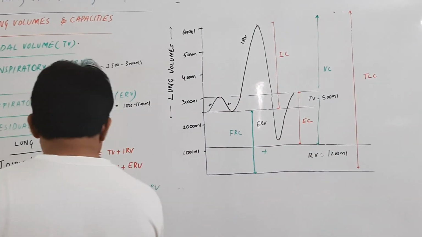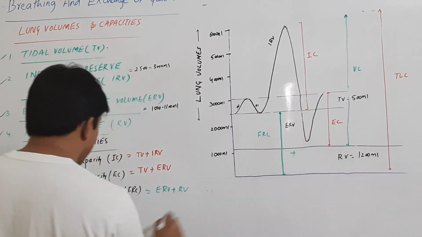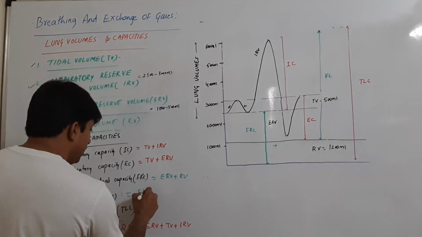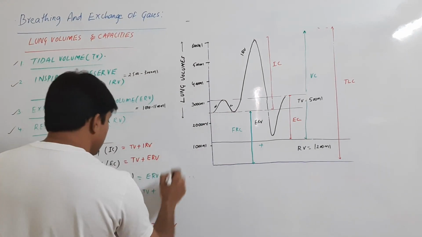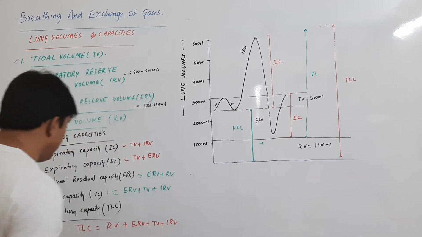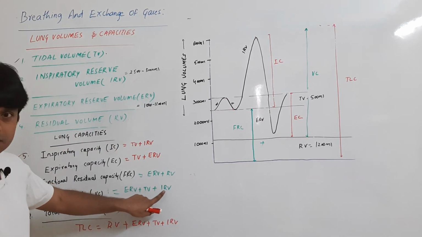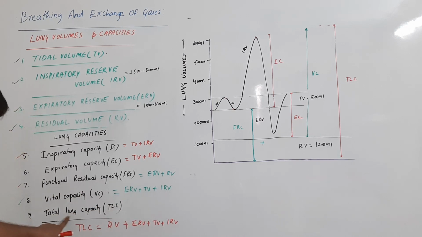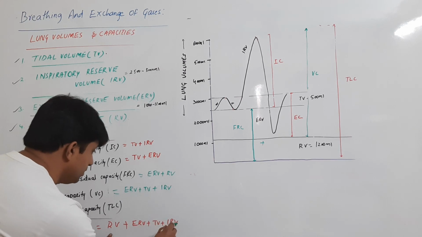This vital capacity is equal to your expiratory reserve volume plus tidal volume plus your IRV. So vital capacity is equal to ERV plus TV plus IRV. That means your total lung capacity is RV plus ERV plus TV plus IRV.